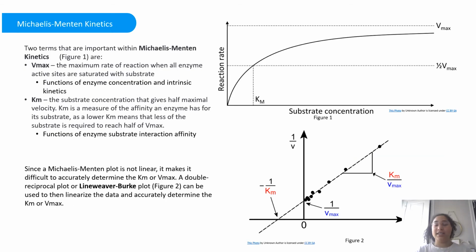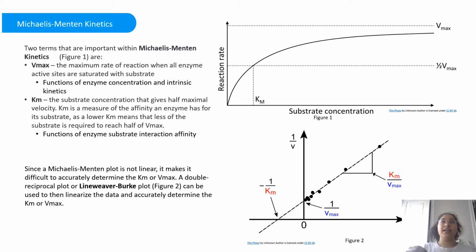We can analyze the enzyme by looking at the Michaelis-Menten kinetics graph. It has reaction rate and substrate concentration on the axes, and it shows us the Vmax and Km values. Vmax is the maximum rate of reaction when all enzyme active sites are saturated with substrate. That means that when all the enzymes have a substrate attached, you can't have more reactions.